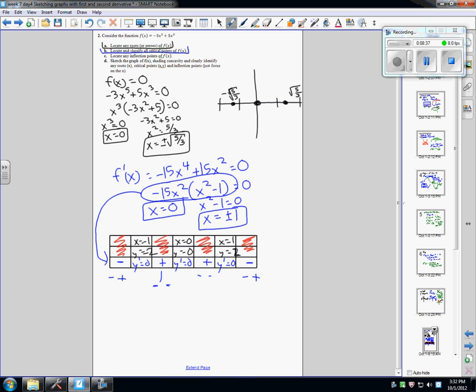So if I want, I can graph these things. I'm going to add in the points at negative 1, negative 2, and at 1, 2, and I have the 0, 0. A quick sketch looking would be this.